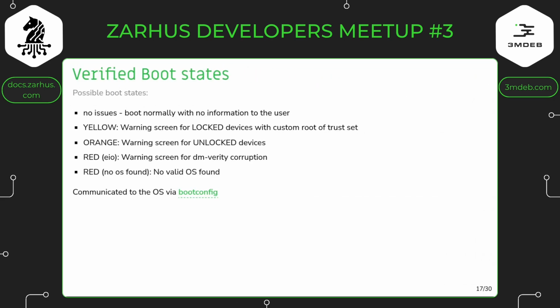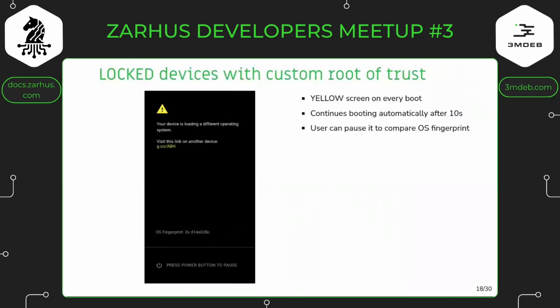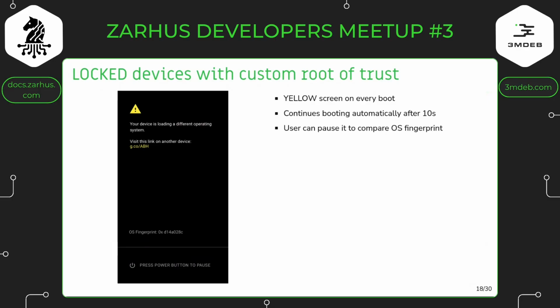So there are a couple of boot states that can be reported by verified boot. So let's take a quick look at the user experience. We have a yellow one, which means that the device is locked with a custom root of trust. It will always appear if we have a custom root of trust installed.